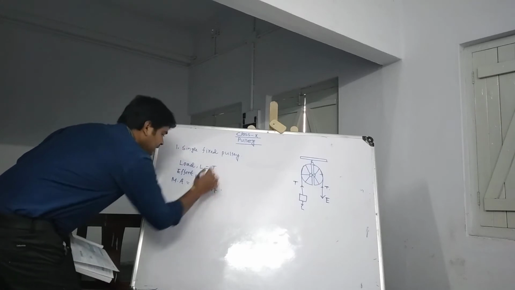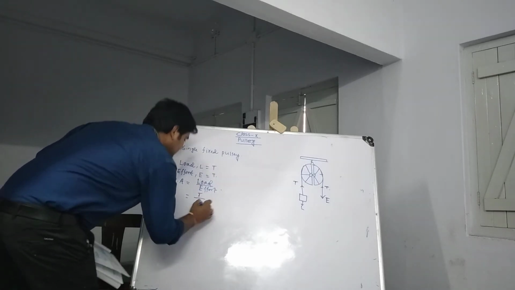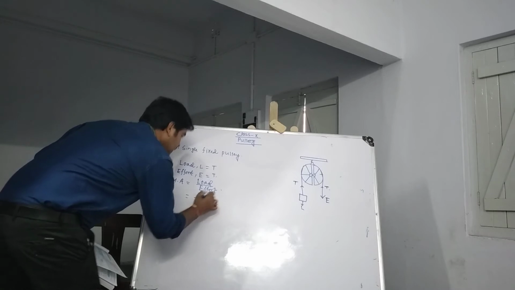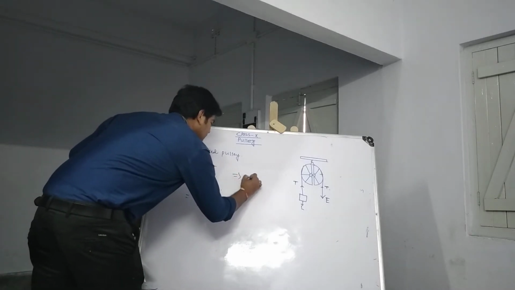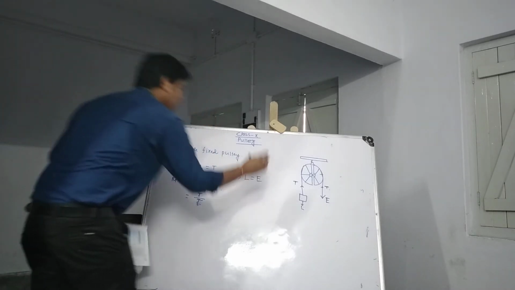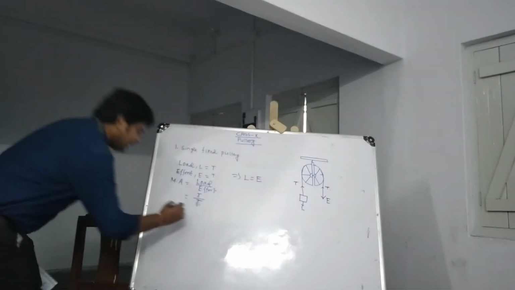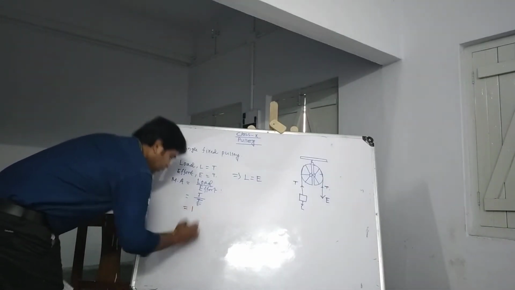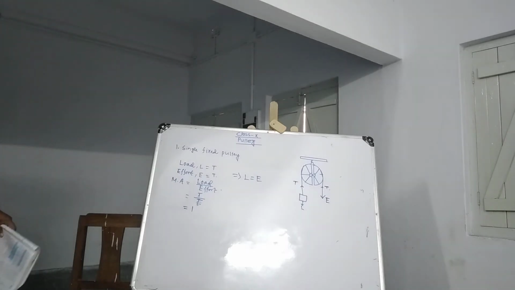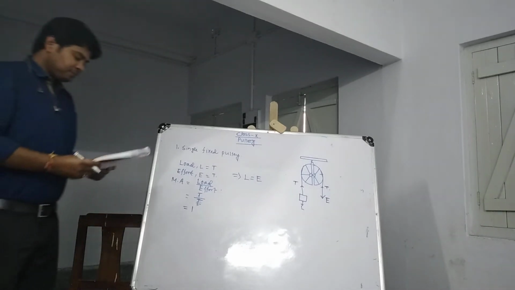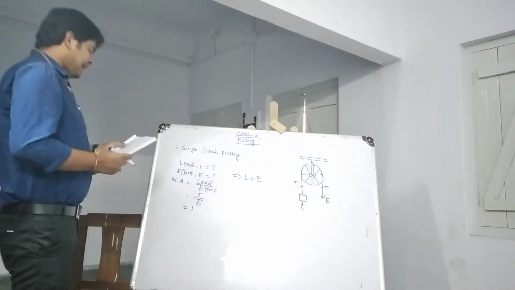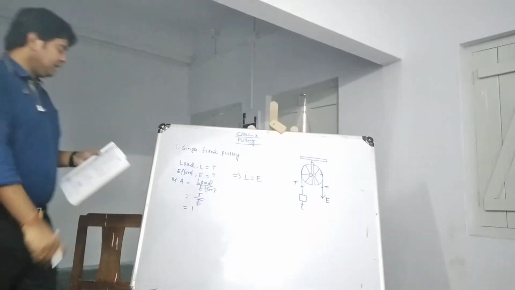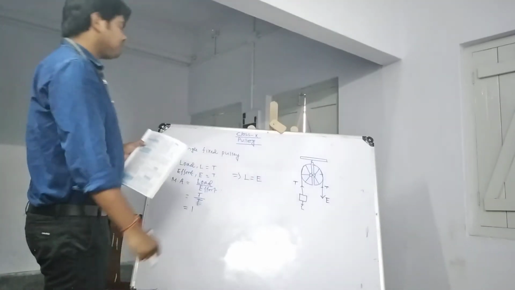Here load is T and effort is also T. So load and effort are equal, and we can write that mechanical advantage is 1. That is, in this arrangement there is no gain in the mechanical advantage.